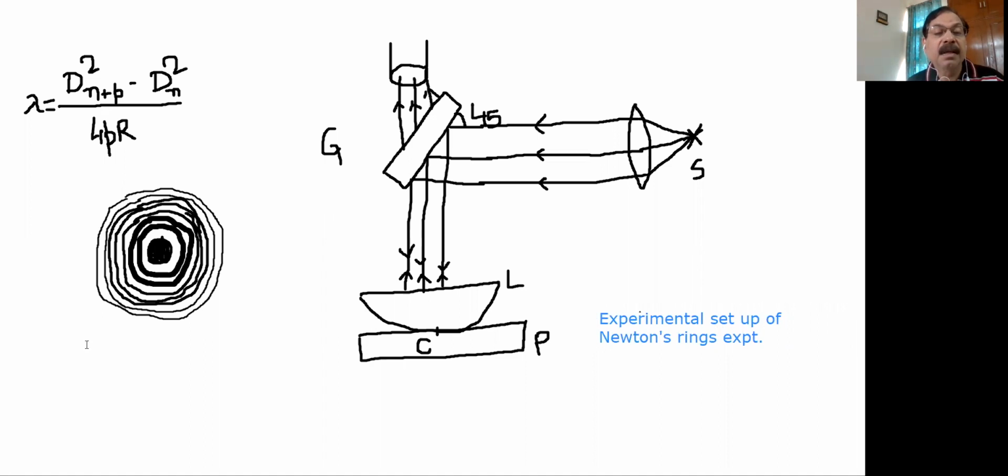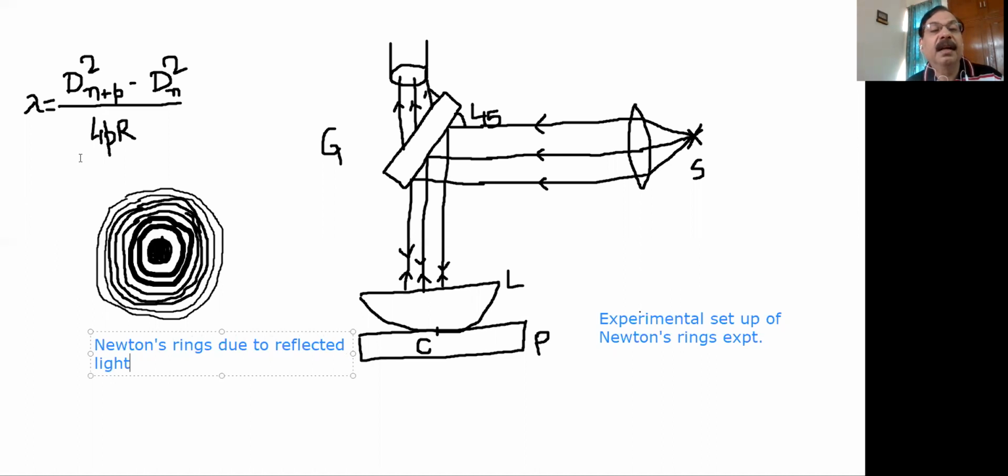This diagram is the Newton's ring due to reflected light.